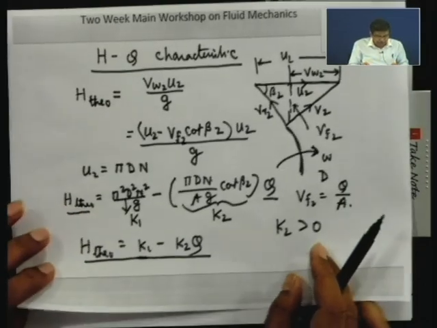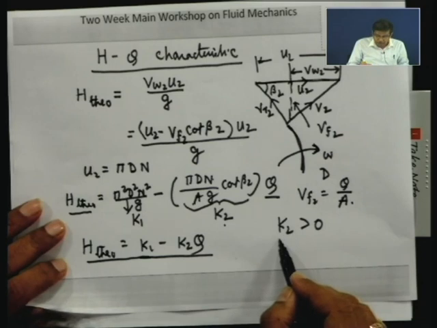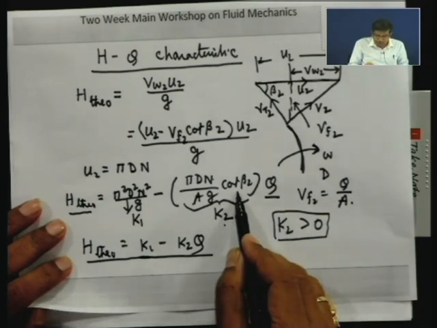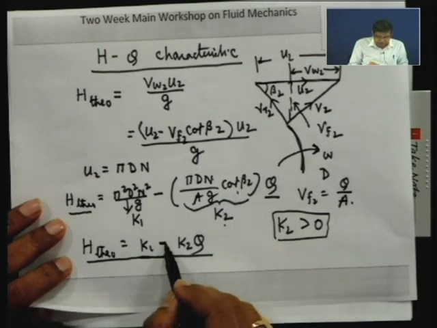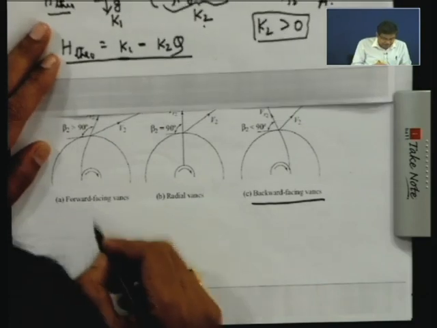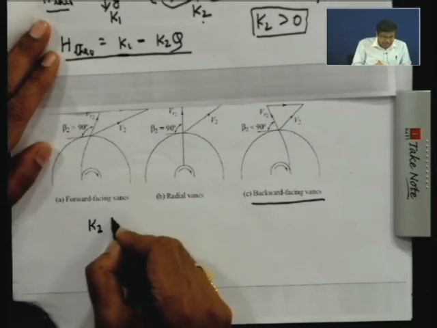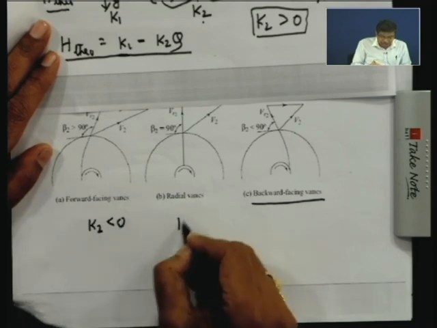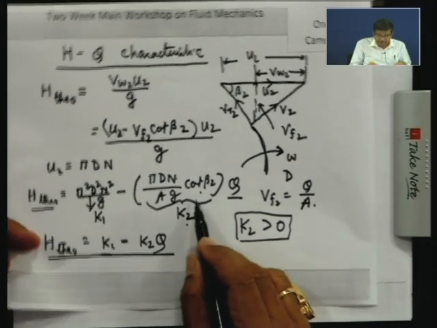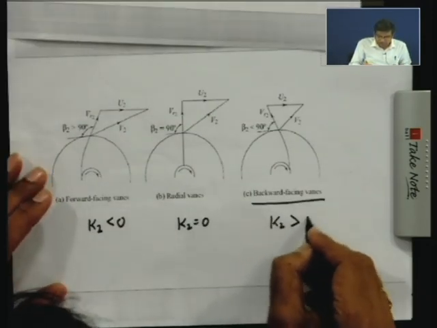Therefore in your theoretical head discharge characteristic, this K2 was taken as greater than 0 when cot beta 2 is positive, so that this negative sign is there. But in a forward facing curved vane, K2 is less than 0. In a radial vane, K2 is 0 because beta is 90 degrees and cot 90 is 0. And here, which we already considered, K2 is greater than 0.